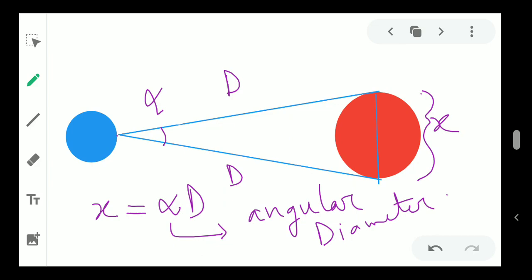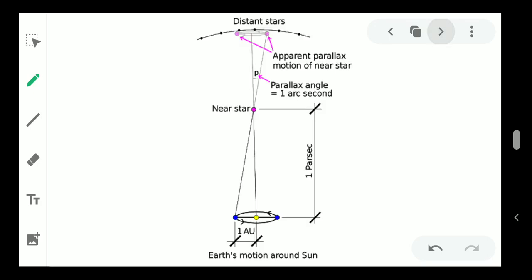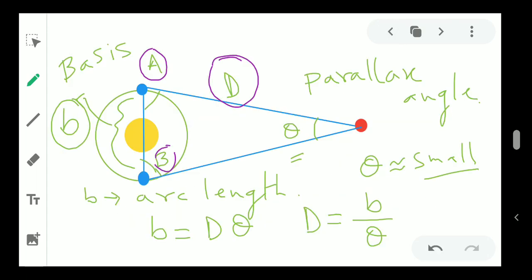Now something else we have to discuss: the measurement of length. This was how to calculate bigger lengths, like the distance of planetary objects. Now how do we find the smaller ones?